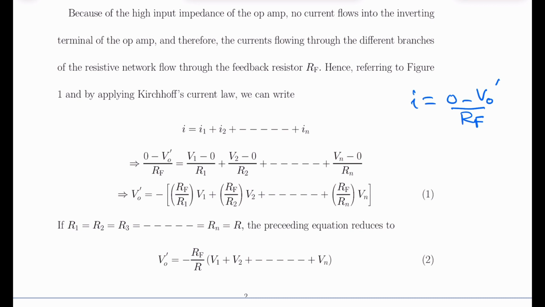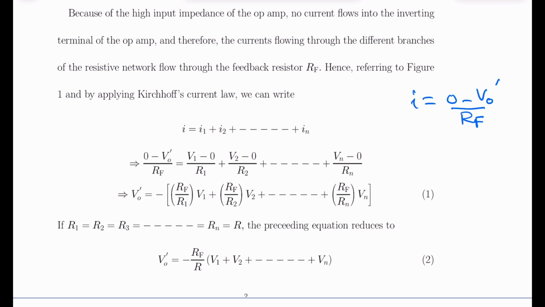If I assume that R1, R2, R3, Rn are all equal and equal to R, then the above equation 1 gives you V0 dash is minus Rf upon R into V1 plus V2 plus Vn. This is our equation 2.